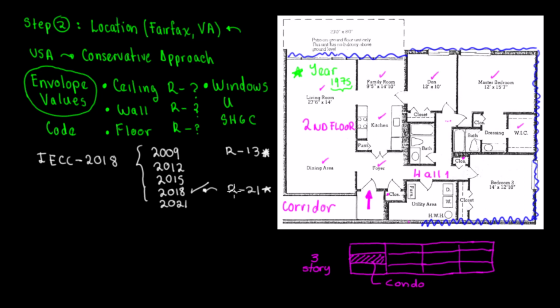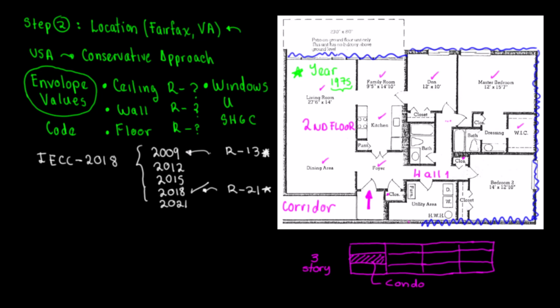Since this house was built in 1975, we're gonna be conservative, and we're not gonna go to IECC 1975 because I don't even know if that exists. So we're gonna go for this low. We can even go lower, but let's try 2009. So how are you gonna find this code? IECC 2009.